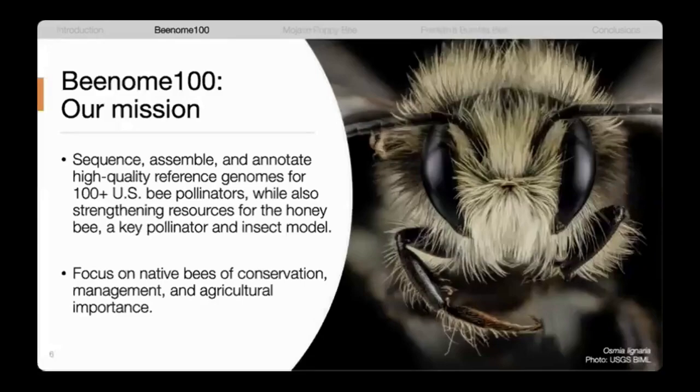The mission is to sequence, assemble, and annotate high-quality reference genomes for 100 or more US bee pollinators, while also strengthening resources for the honeybee, which is a key pollinator and insect model. And of course, in picking the species to be included as part of Beenome100, there's been a focus on native bees of conservation, management, and agricultural importance, as well as representing a broad diversity of bee species.